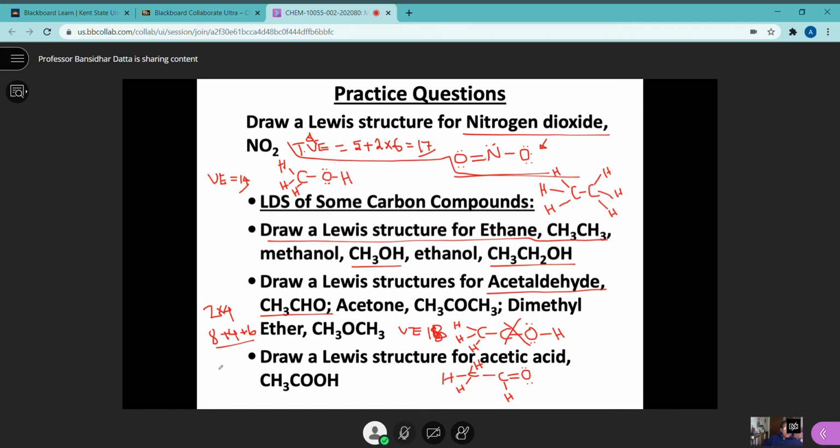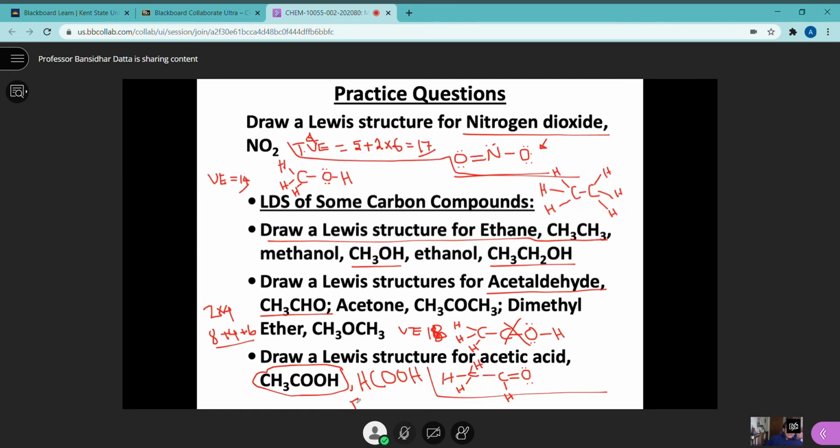All right. Now, who can do the Lewis structure of this acid, acetic acid, CH3COOH? Can someone do it for me? And then I'll give you another one. You also do that at home. HCOOH, and that is our formic acid. So let's do the acetic acid first. Who can do the acetic acid for me?